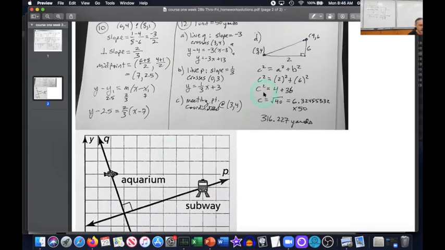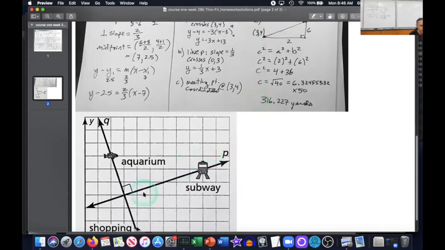All right, and then to find the distance between the intersection and the subway, I went ahead and labeled the 2 coordinates. And I made a little right triangle, and I just used the Pythagorean theorem. Now, if you wanted to use the distance formula, you could do that, but I just thought the Pythagorean theorem was easier.